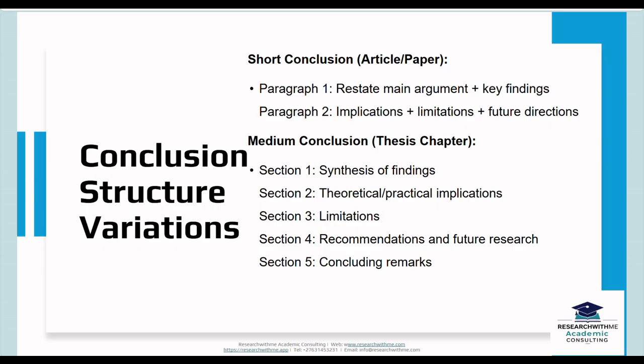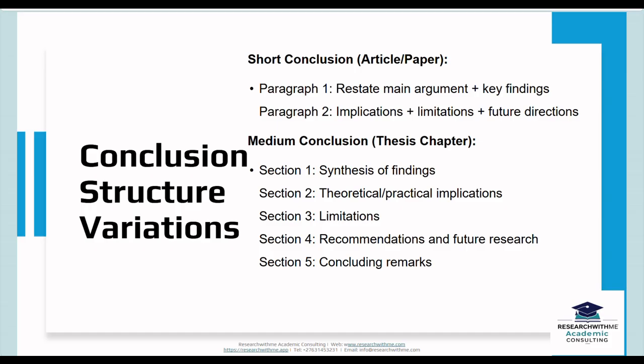For a short conclusion, such as an article or a paper, the first paragraph should restate the main argument plus the key findings. The second one should talk about the implication, the limitation, and the future direction, that is suggestions for further studies.